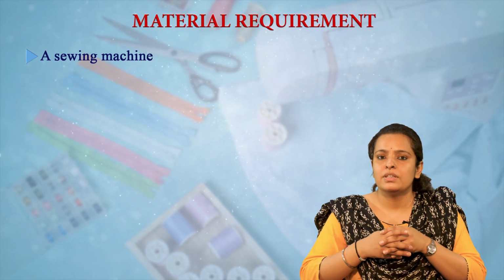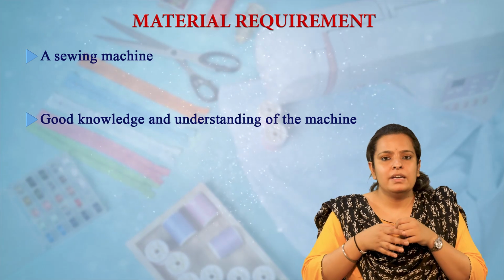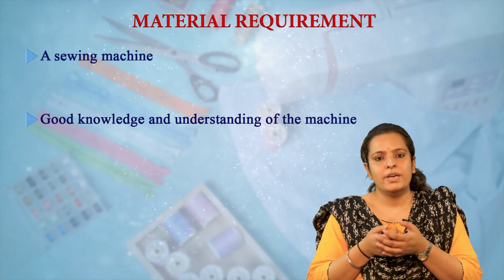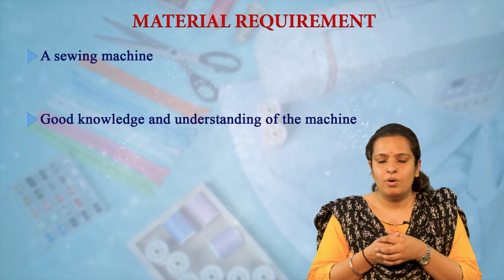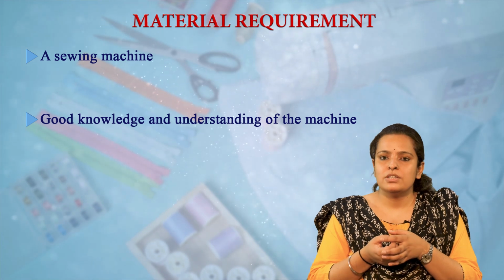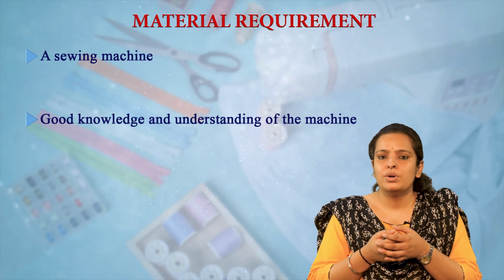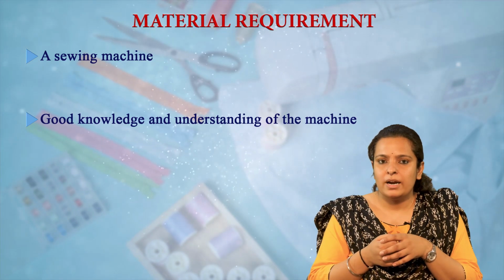You should have a good knowledge and understanding of the machine. The earlier activity was all about knowing the sewing machine, the basic precautions, basic safety measures and setting of the machine. When you have a good understanding of the machine, you can go for the stitching practice.